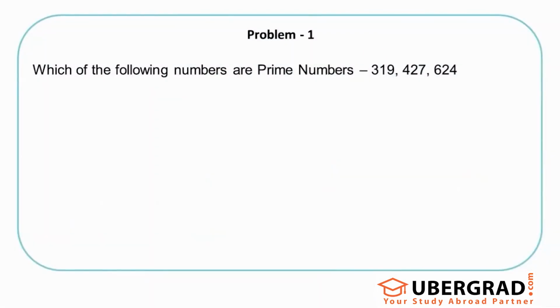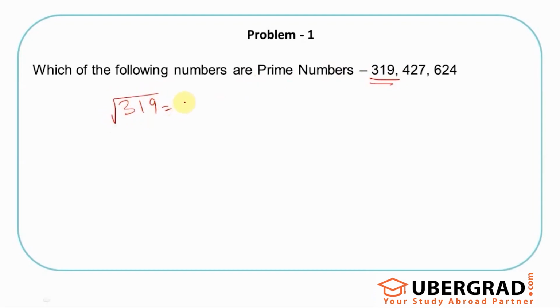Now let's get some practice with a few problems. We suggest you pause the video, try these questions on your own for some time, and then look at the solution to get an understanding. I'm asking which of the following numbers are prime numbers. First focus on 319. Again, step one is finding the square root of it.